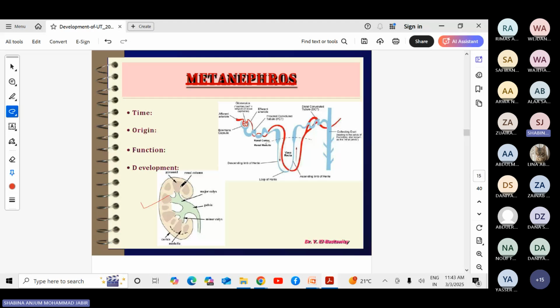Because basically here we have the nephrons, which are present in both the cortex and medulla. These nephrons will be separated from the ureteric bud.